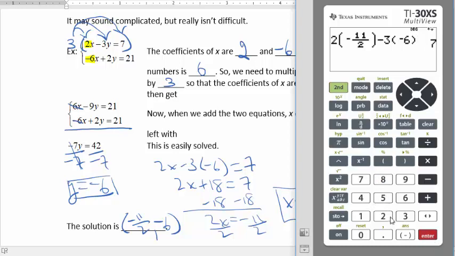And then I do the other one, so negative 6 times negative 11 over 2 plus 2 times negative 6, and that should equal 21. So it checks in both equations.